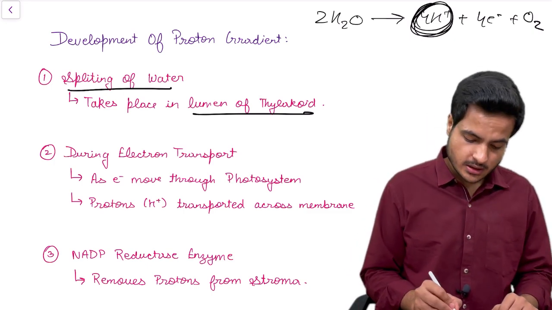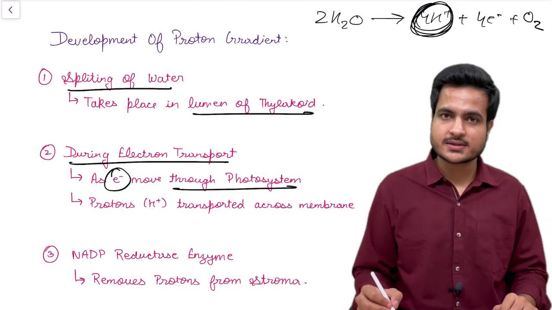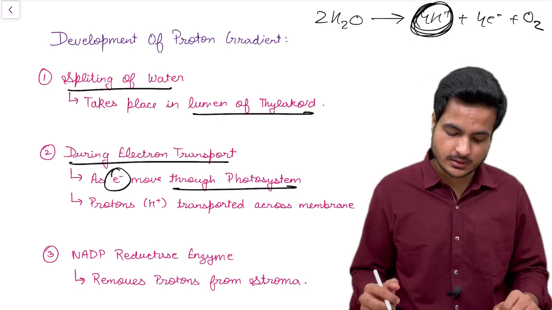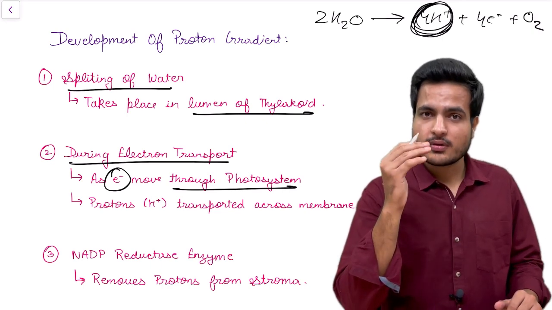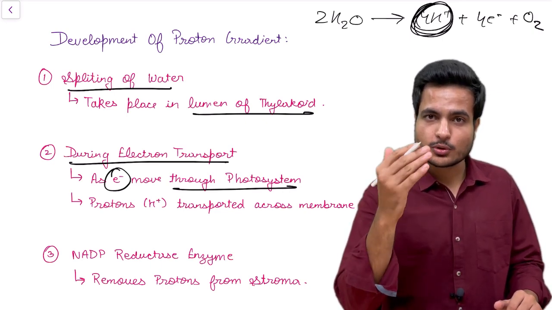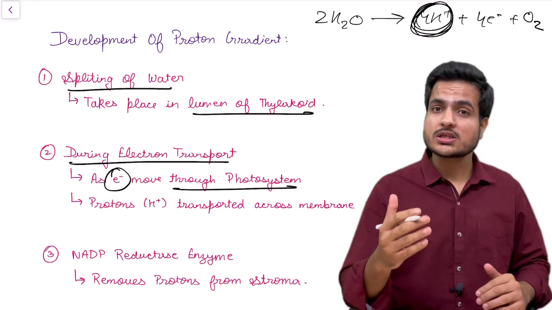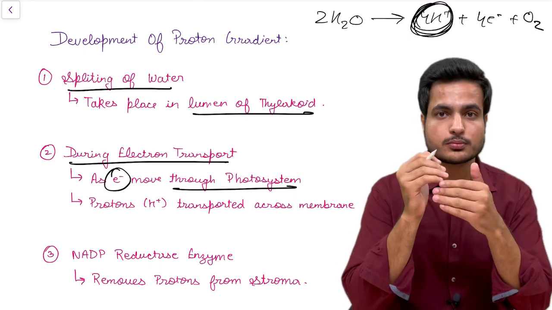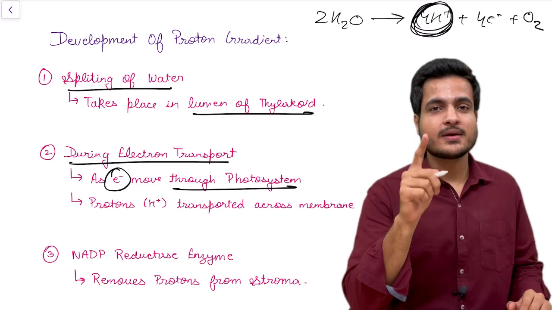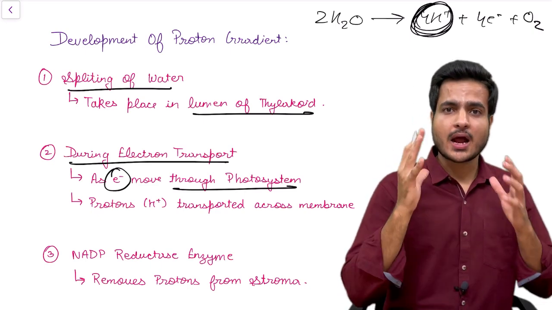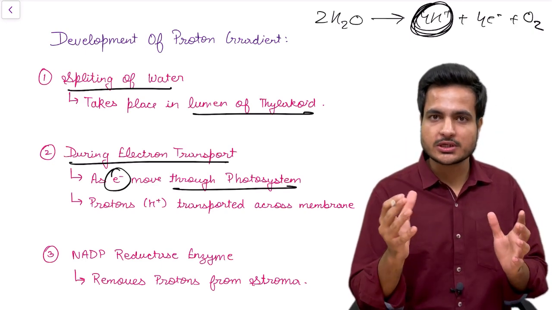Now the second thing is, during electron transport, as electrons move through the photosystem, we have already discussed in cyclic and non-cyclic photophosphorylation that there occurs movement of hydrogen ions, that is protons, from the stroma to the lumen of the thylakoid. This is because the electron transport system is made up of cytochromes B and F, and they have a tendency to transfer the complete hydrogen atom as a whole, not as H plus ions and electrons individually.